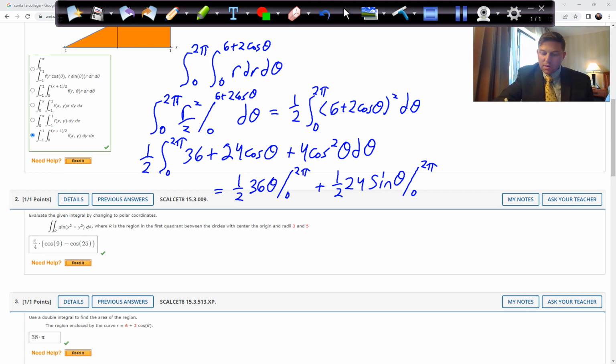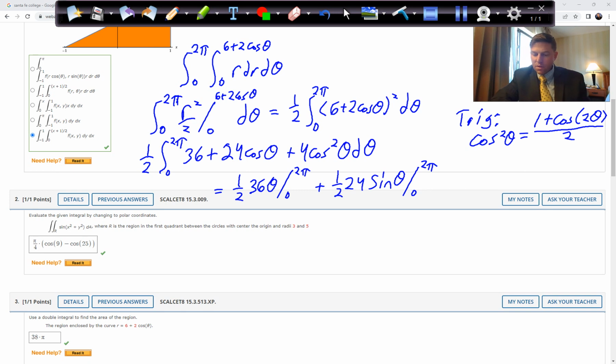So trig tells us, recall, that cosine squared theta can be changed into 1 plus cosine 2 theta over 2. So we're going to take the antiderivative of that.